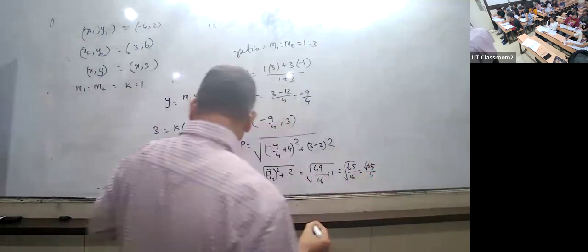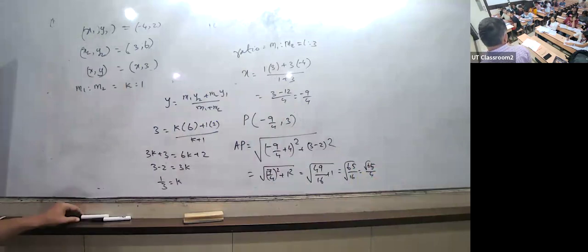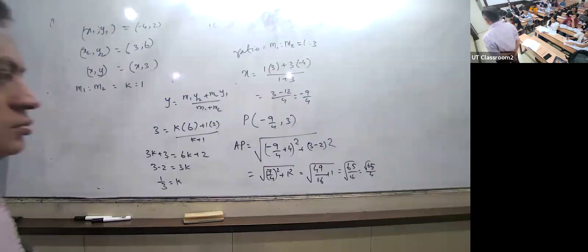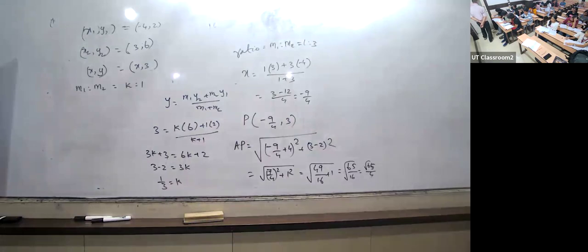Who got this answer? None. Distance you did not find. Distance formula you have to apply: minus 9 by 4 plus 4, that is 7 by 4, and 3 minus 2, 1. Root 65 by 4.